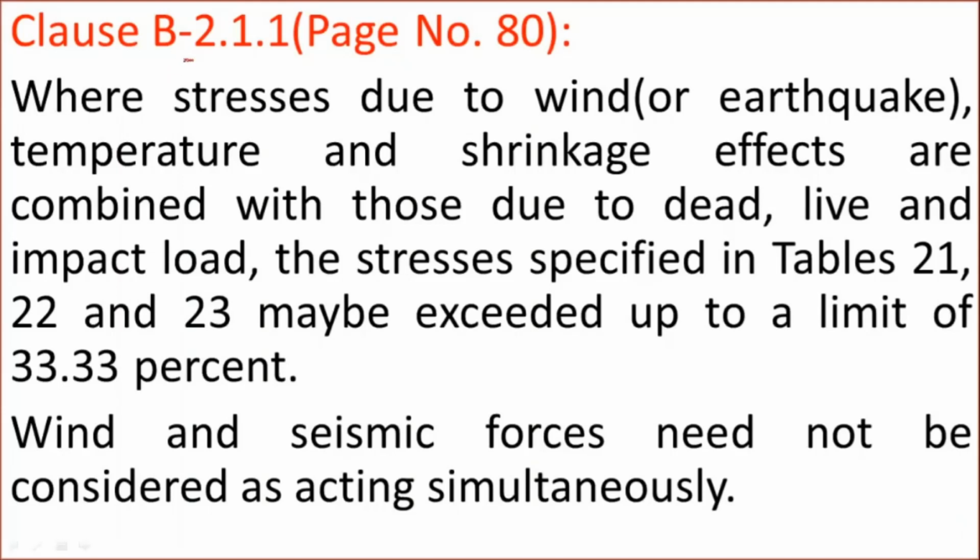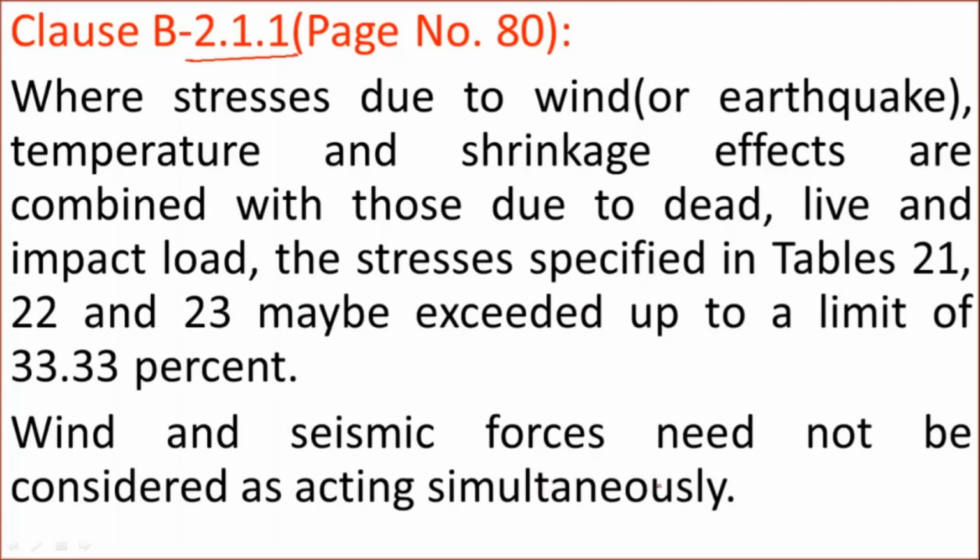Next clause is clause B-2.1.1. This clause says that where stresses due to wind, temperature and shrinkage effect are combined with those due to dead, live and impact load, the stresses specified in table number 21 may be exceeded up to a limit of 33.33%. Wind and seismic forces need not be considered as acting simultaneously.